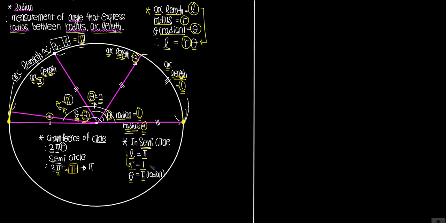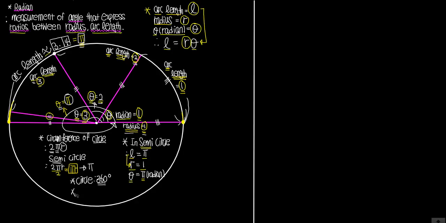But now if you think about the central angle in terms of degrees, we can think about the semicircle's central angle in terms of degrees. We already know that the total central angle inside the circle was 360 degrees, which means from here, if we go 180 degrees more, then we'll get a total of 360 degrees.